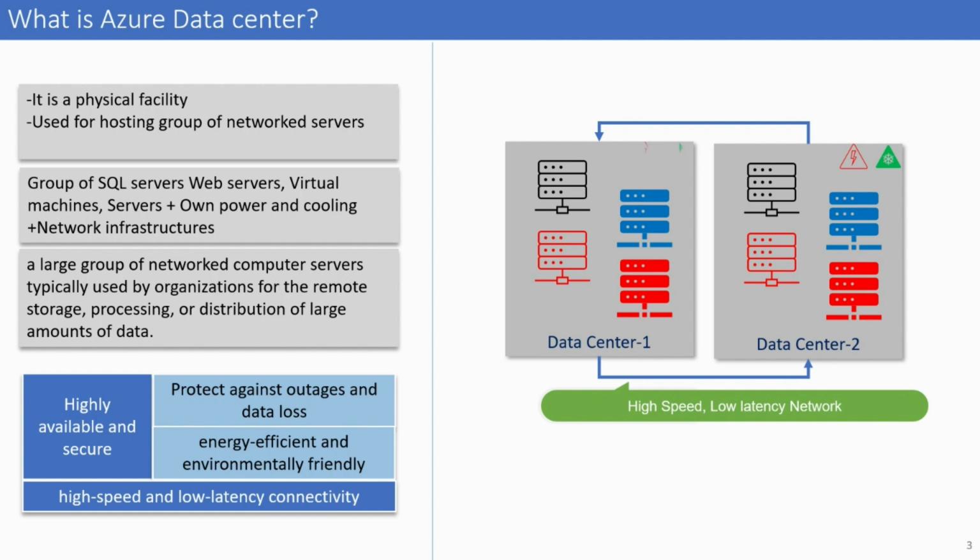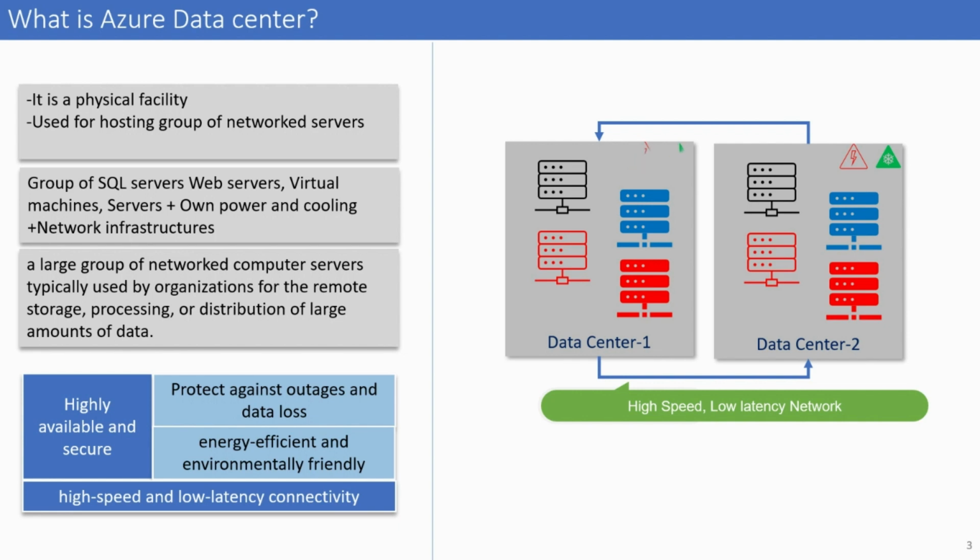They are also designed to be energy efficient and environment friendly using cutting edge technology like liquid cooling and micro modular data center design. You might have heard in the news that Microsoft has been successful with liquid cooling by having their data center around Europe.